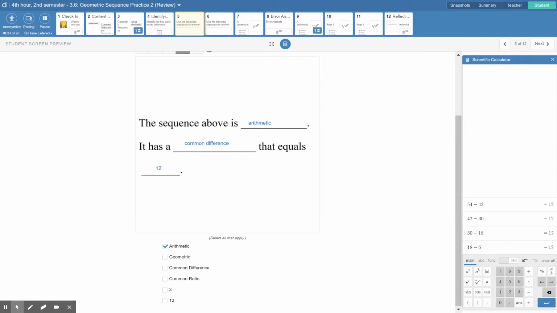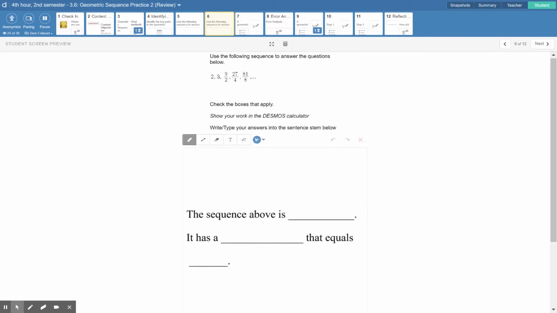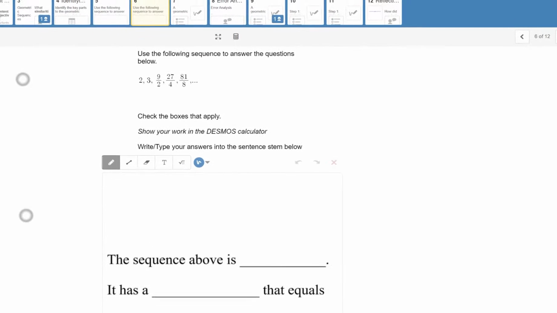So I'm going to click these boxes, and those are the numbers and terms that we used. Now common difference always goes with that type of sequence. However, look at slide 6, where some of you are struggling. It's fractions and you don't know really how to put it in the calculator correctly.